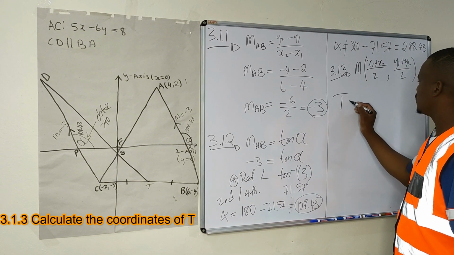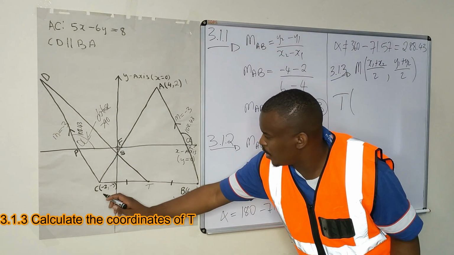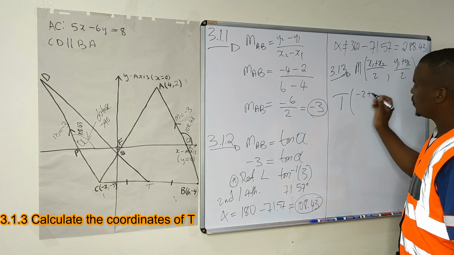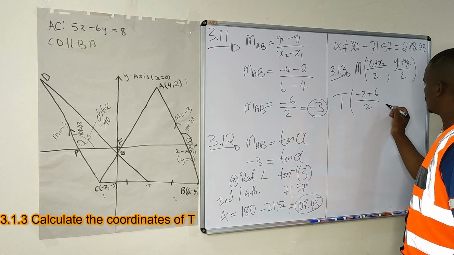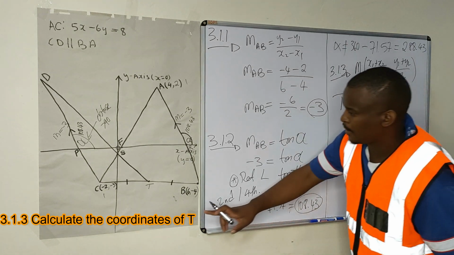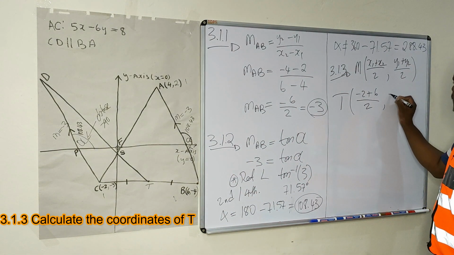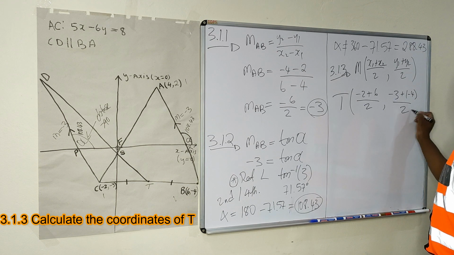So T, x1, you can say this is 1 and this is 2, which is minus 2 plus 6 all over 2. And minus 3 plus minus 4 all over 2.